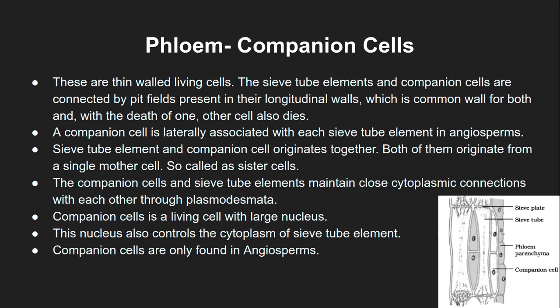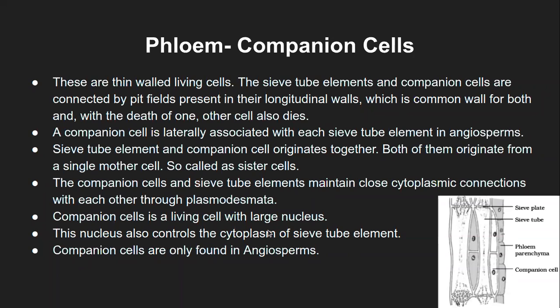Let's say we have neighboring houses and we open up a small portion of the wall just to exchange something from that house to this house or from this house to that house. That's exactly how plasmodesmata work between two cells. Two cells are very close to each other, and in this case they have a common wall. In that common wall there will be certain tubular structures which allow the transport of certain material through the cell wall, and that is how plasmodesmata work.